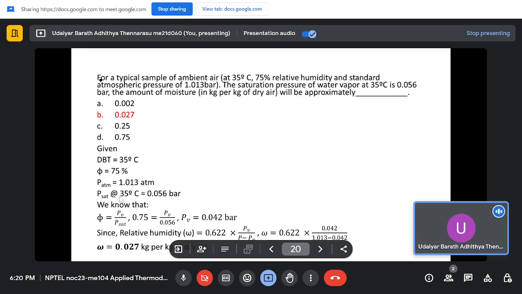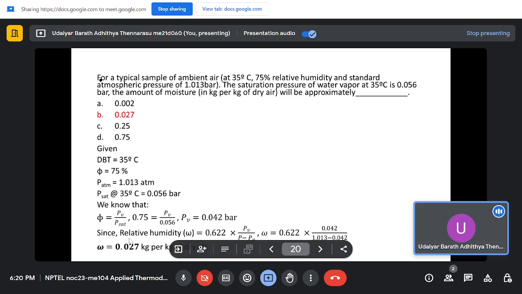So we know that relative humidity is nothing but the vapor pressure of water vapor divided by the saturation pressure. So 0.75 equals PV by 0.056. So PV will become equal to 0.042 bar. So we now know your vapor pressure.